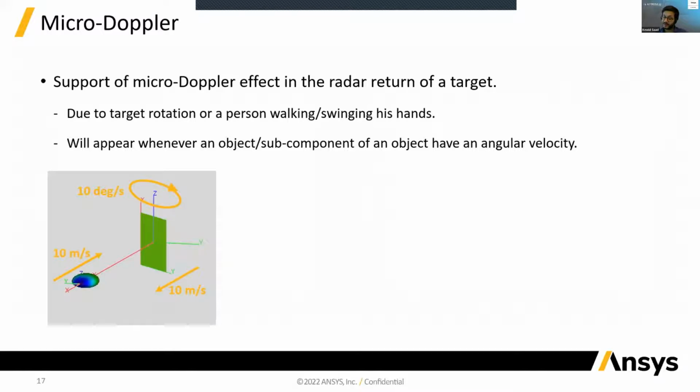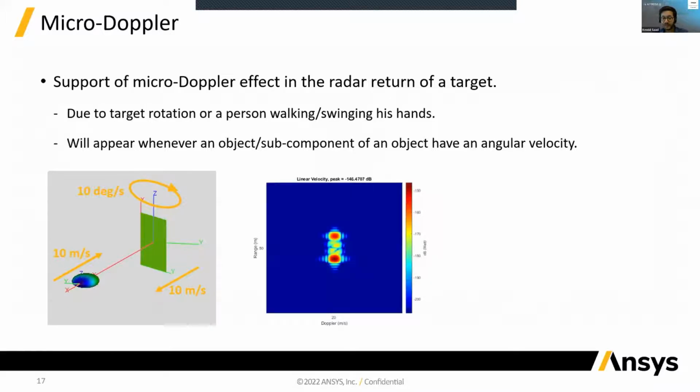Microdoppler effect is a distinctive, more or less final property that is a must as well for radar simulations. These are unique signatures of bodies or objects inside your simulation or in your real world that have associated angular velocities, so that they are moving in some circular pattern.